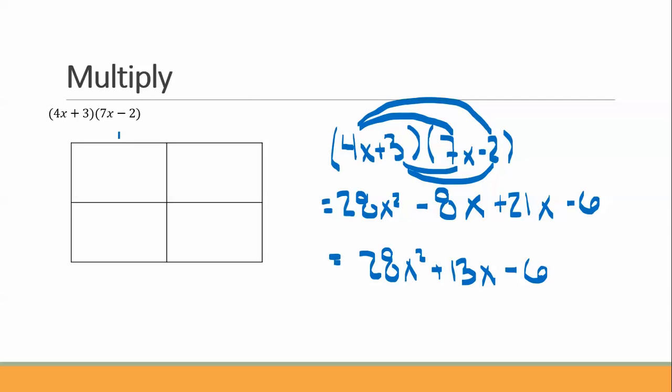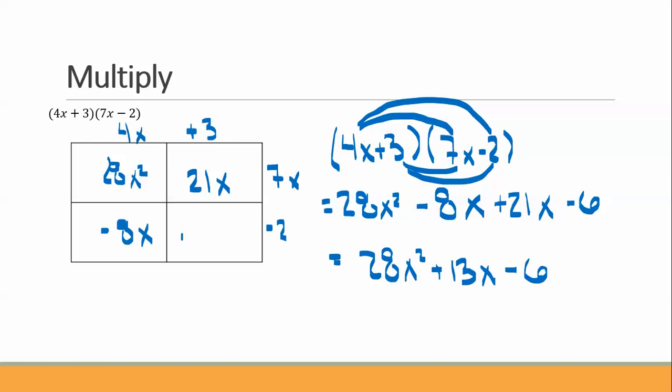Doing it with the box method, we have 4x plus 3, 7x minus 2. 4x times 7x is 28x squared. 3 times 7x is 21x. 4x times negative 2 is negative 8x.